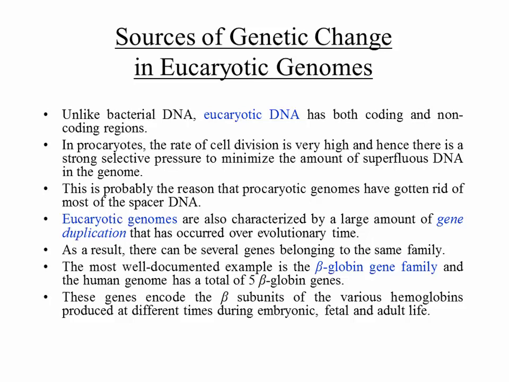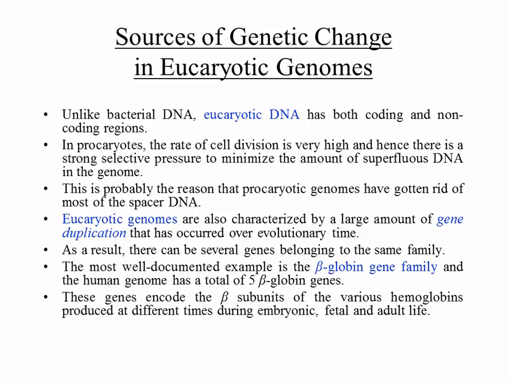Eukaryotic genomes are also characterized by a large amount of gene duplication. You have many copies of the same gene. If you look at the beta globin gene, we have 5 copies of that gene, and different copies are more suitable at different stages in life. So in eukaryotic genomes, there can be several genes belonging to the same gene family, and the most well-documented example is the beta globin gene family.